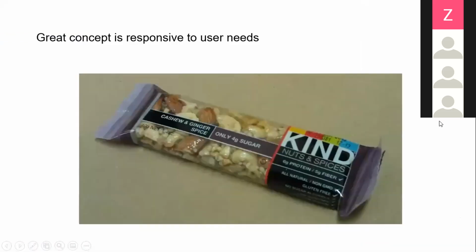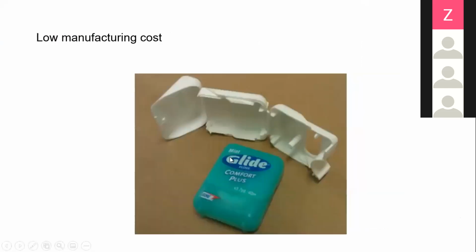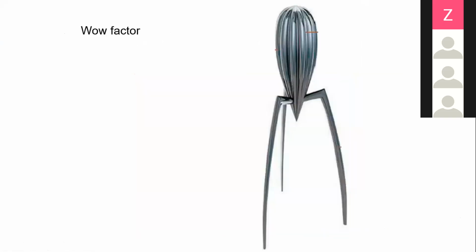Then moving on, just a couple of examples of how the concept is important, how it is transparent, what it shows is what you get, basically low manufacturing cost, and also this wow factor should be there in a product so that the user's attention is grabbed.